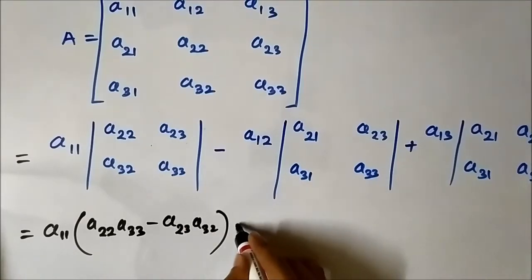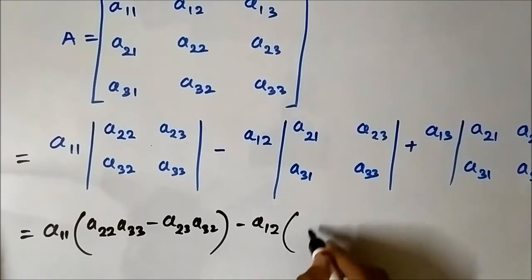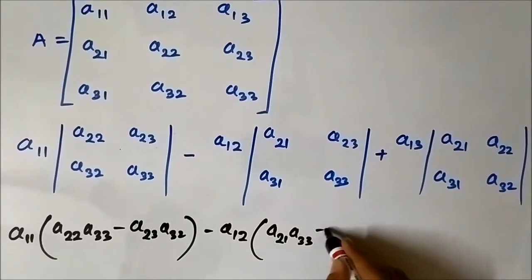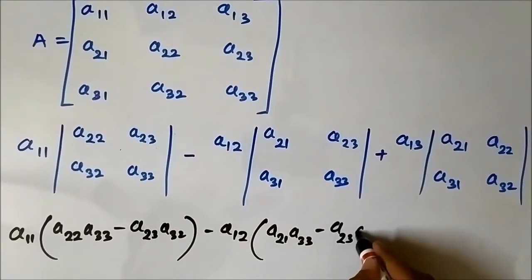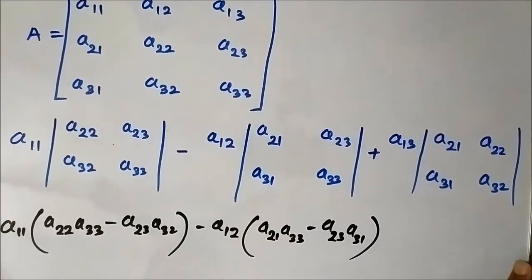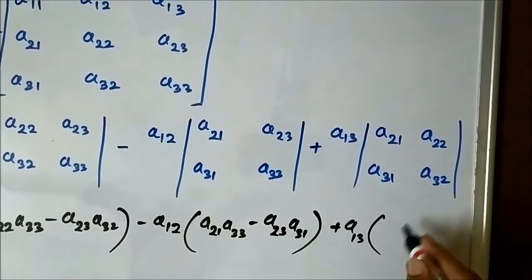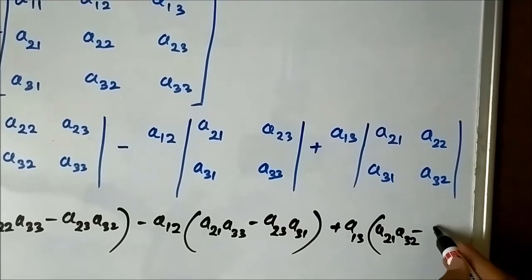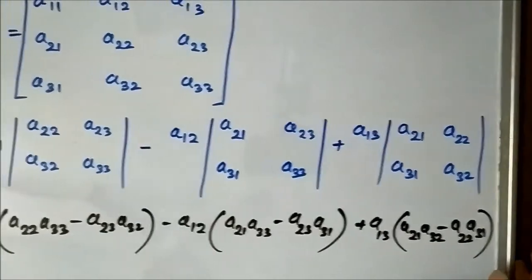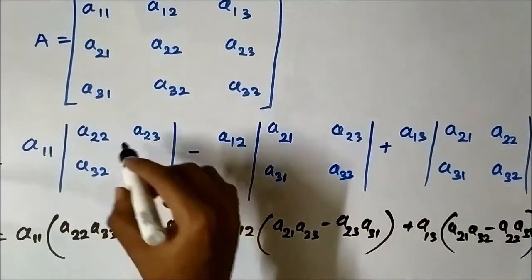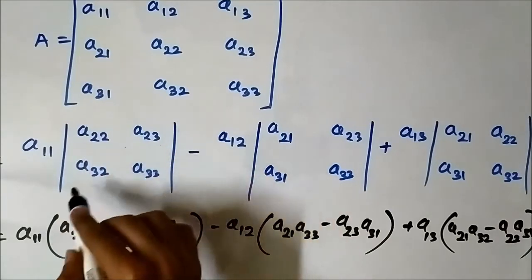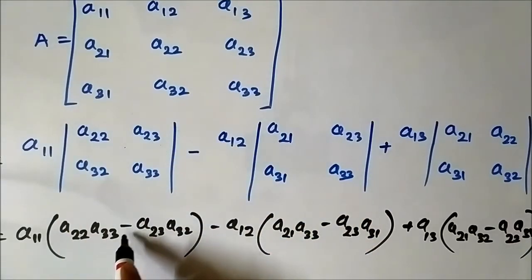minus A12 into A21 A33 minus A23 A31. So simply what we have done is we have determined the determinant values by multiplying the principal diagonal elements and the other diagonal elements, and then subtracting them.